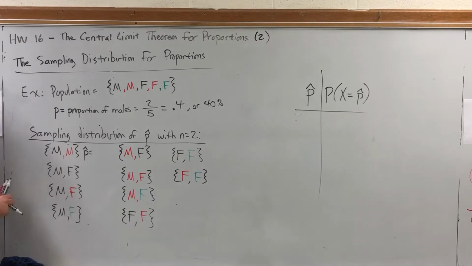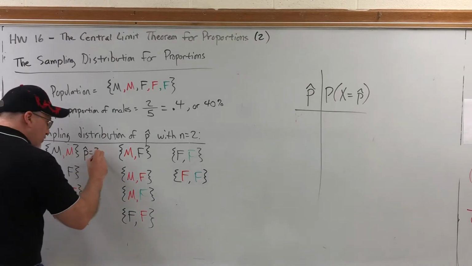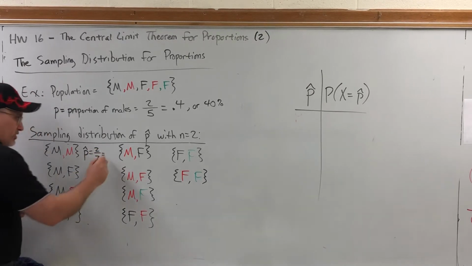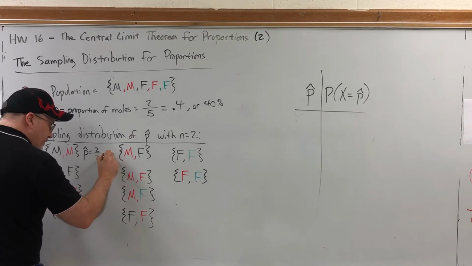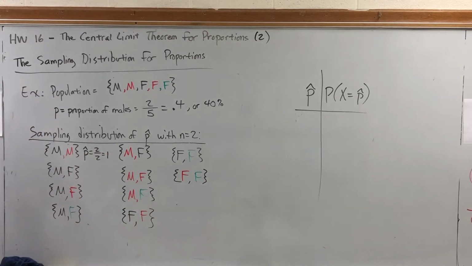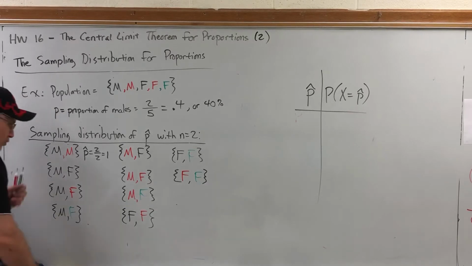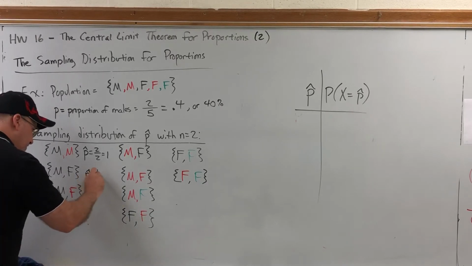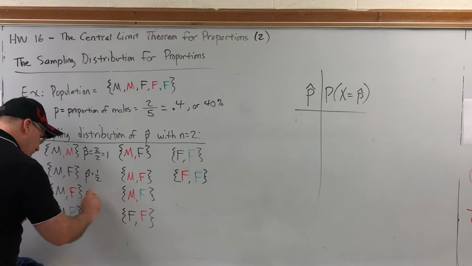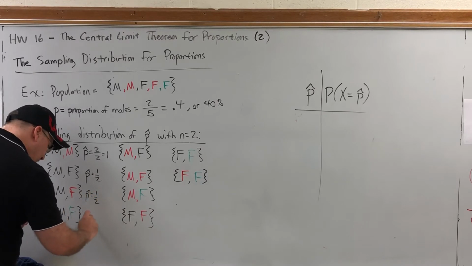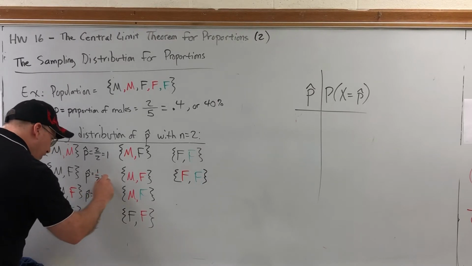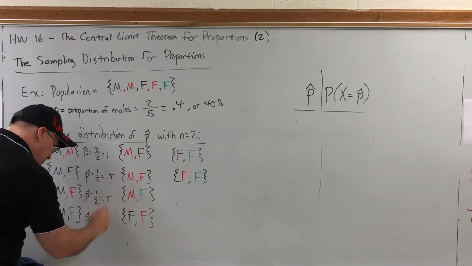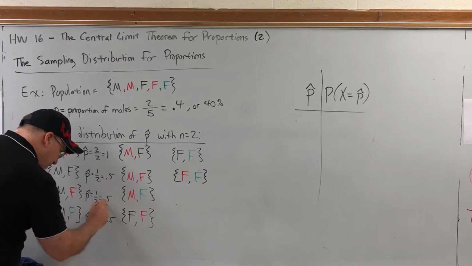This one's easy, they're all males, it's 2 out of 2, which is 100% or just the number 1. The 3 below it only have 1 male, so each of these p-hats is 1 out of 2. So as a decimal, 0.5. And as a percent, 50%.